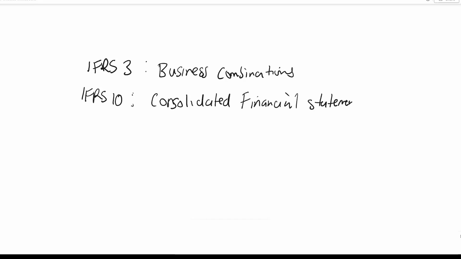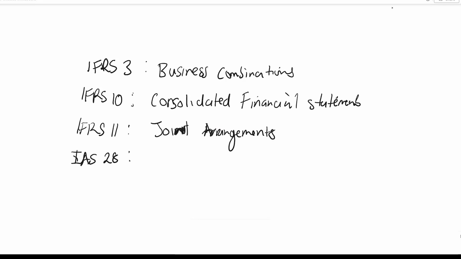Okay, and as we go further, we are also going to look at IFRS 11. This one covers joint arrangements, where we actually get to either get a joint venture or a joint operation, right? So joint arrangement is covered in here. And also we're going to deal with IAS 28.